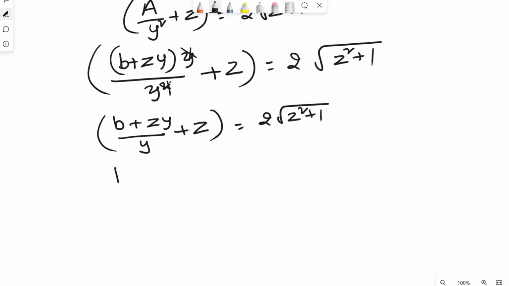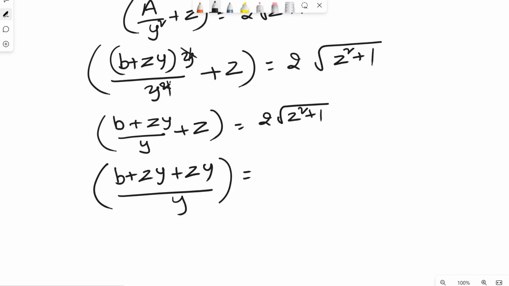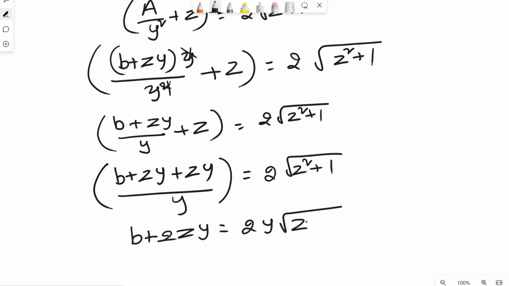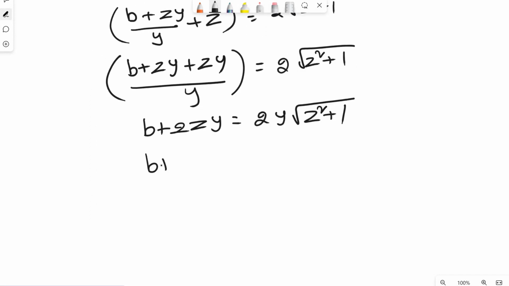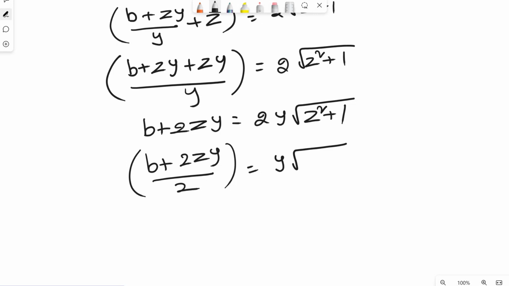A little bit of b plus zy plus zy by y is equal to 2 into square root of z square plus 1. So b plus 2zy is equal to 2y, or b plus 2zy by 2 is equal to y into square root of z square plus 1.